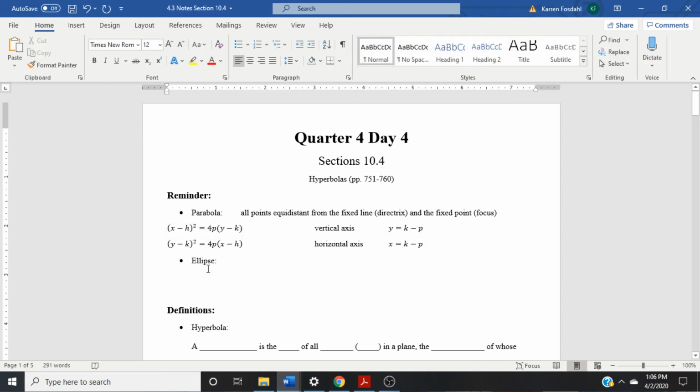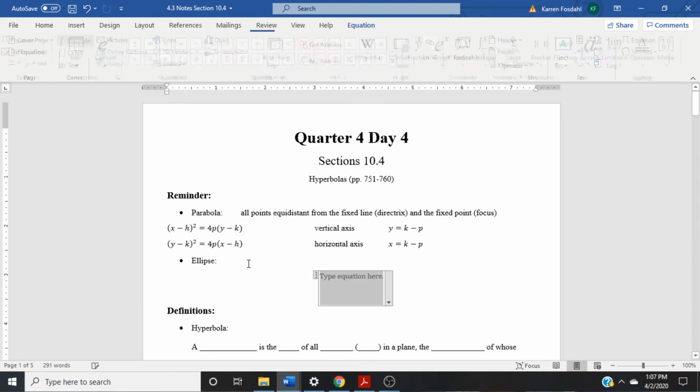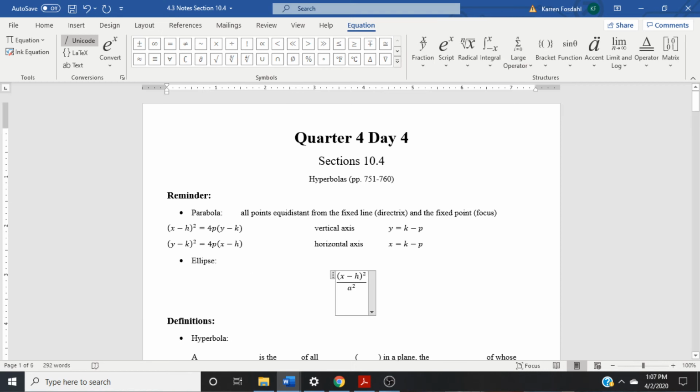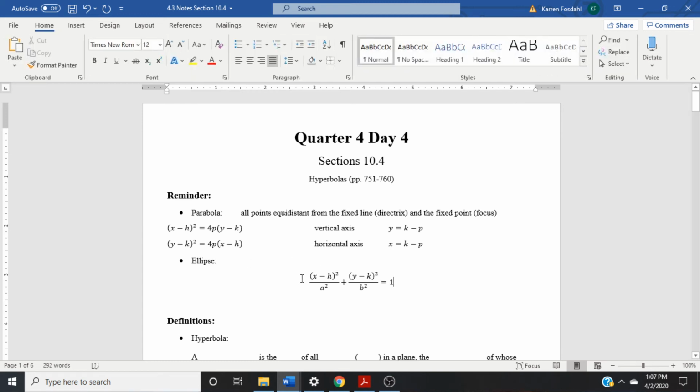Okay, we'll go to an ellipse. The definition of an ellipse we'll talk about in just a moment, but let's talk about its equation. There's two equations we have. We have (x - h)^2 / a^2 + (y - k)^2 / b^2 = 1.